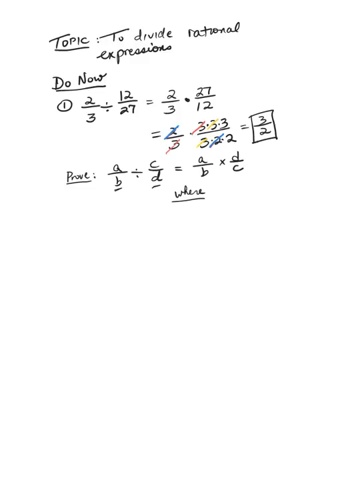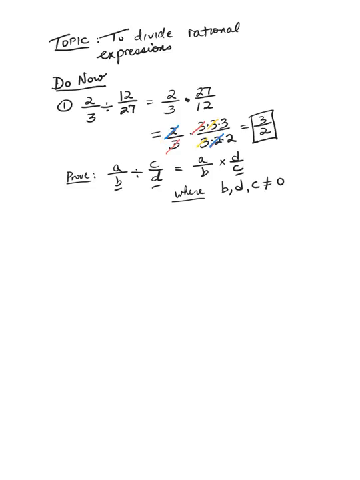These denominators cannot be 0, B, D, as well as C. So the numerator of the divisor cannot equal 0 of the original division problem. Okay, so these are all not equal to 0.